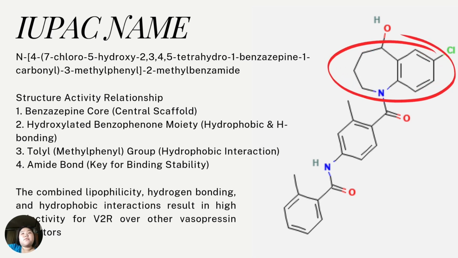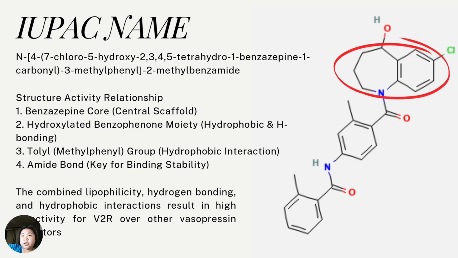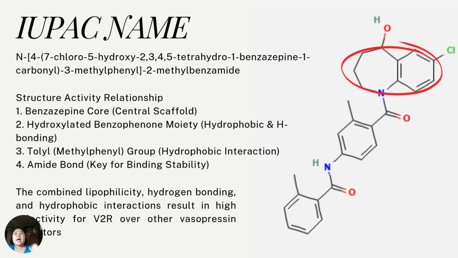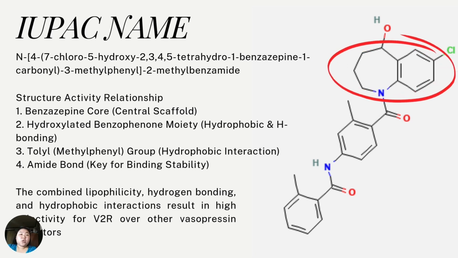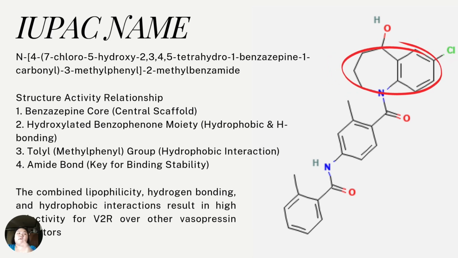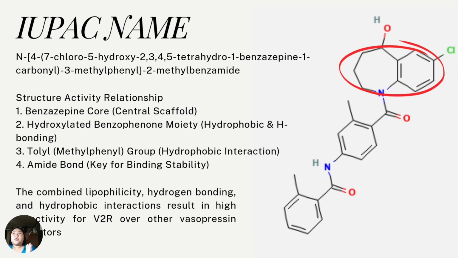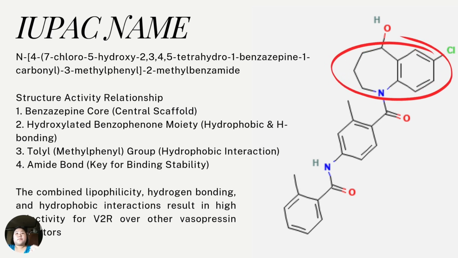This core provides the correct three-dimensional conformation necessary for receptor interaction. It provides very high selectivity for the V2 receptor over the V1 receptor, reducing vasoconstrictive effects, and it forms the backbone of V2 receptor binding.